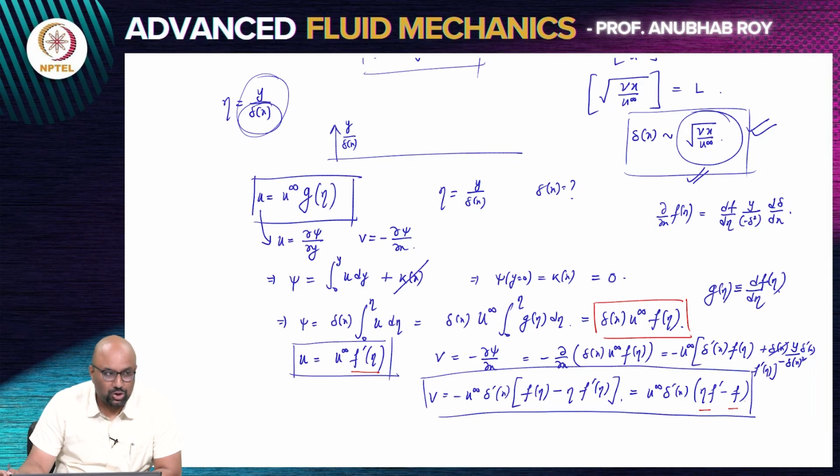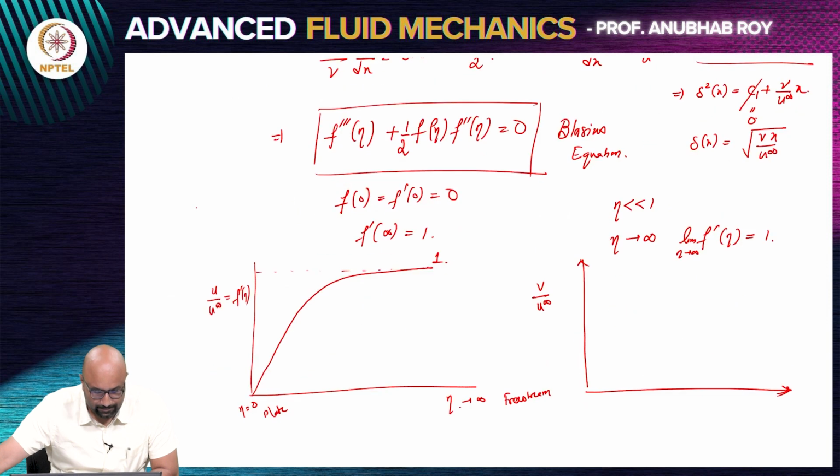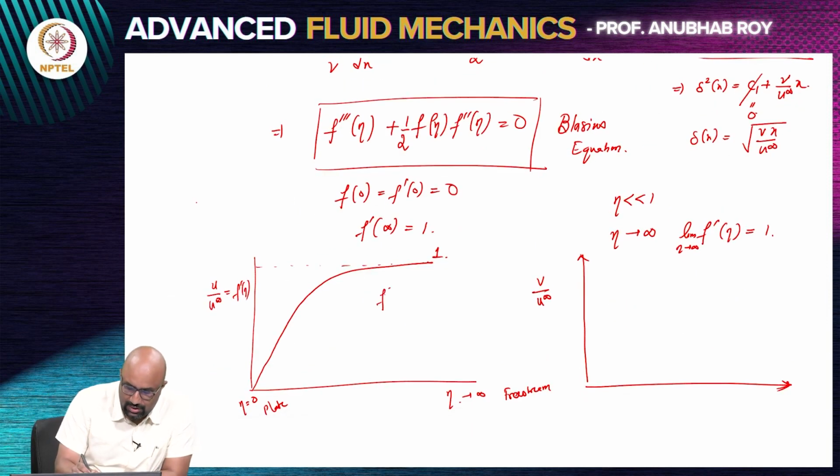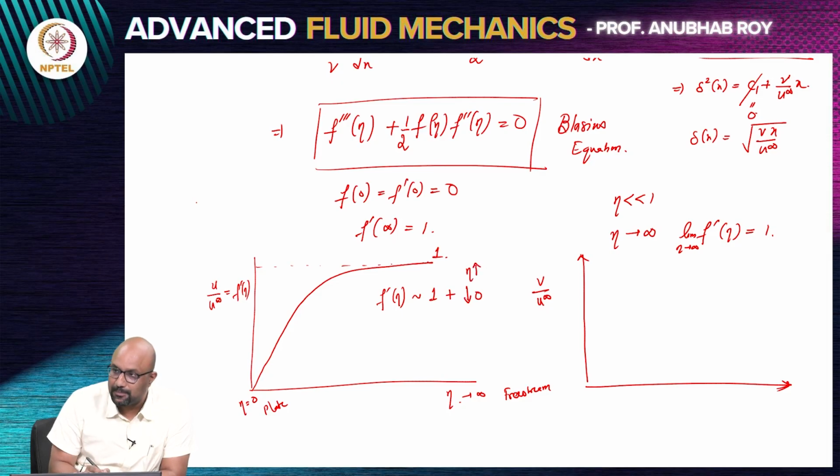F should then go to... so for large distance, f dash of eta is approaching 1, and then there is a correction which goes to 0 as eta goes to infinity, because f dash approaches 1 asymptotically with some term that vanishes as eta becomes large enough.